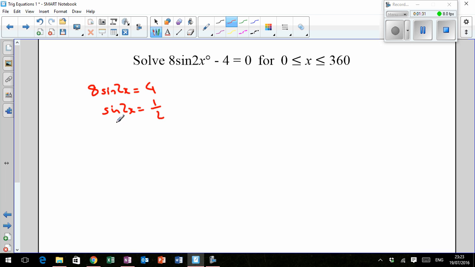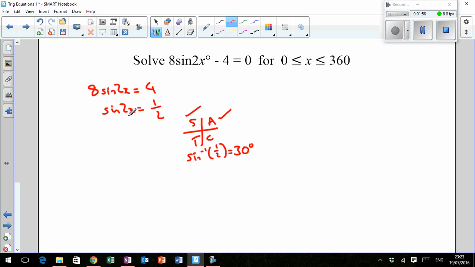Now when we're dealing with the sine, getting rid of the sine there, we know we want all the solutions between 0 and 360, so we're going to be working in the first and the second quadrant. Inverse sine of a half from our exact values we know is 30 degrees. So here's where things are a little bit different. Sine of something gives me a half. Well, I know that's going to be 30, and in the second quadrant that's 150.